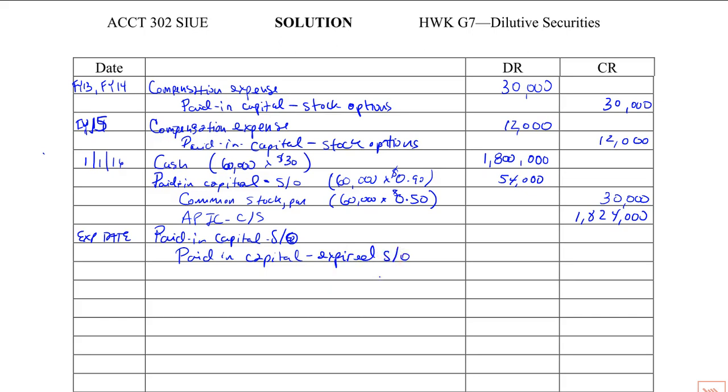If we had 60,000 exercised and 72,000 total, that means 12,000 times 90 cents is what's left unexpired. And for that, I'll have 10,800. That's my story, and I'm sticking to it.